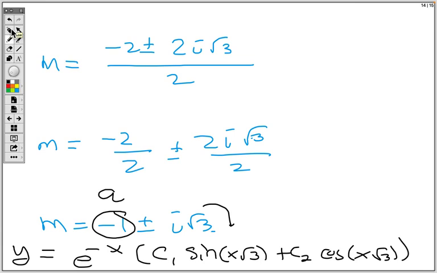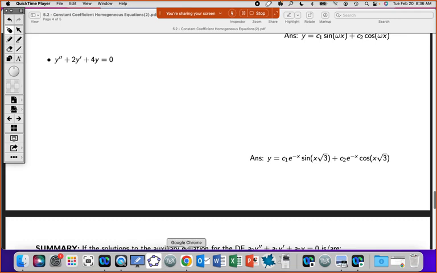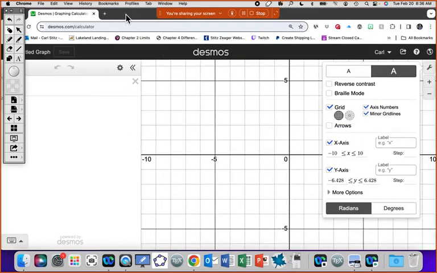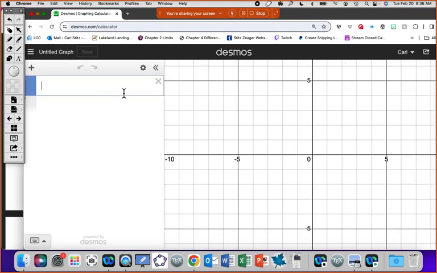All right. So this is why I wanted to have Desmos up, because I want to show you once again how you can check these answers using Desmos. Let's fire this up. So we're going to have y equals, and you can just type in e to the minus x, we need that up there, times c1 sine of x square root 3.